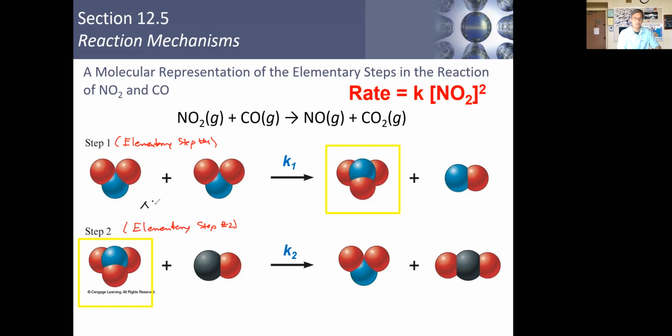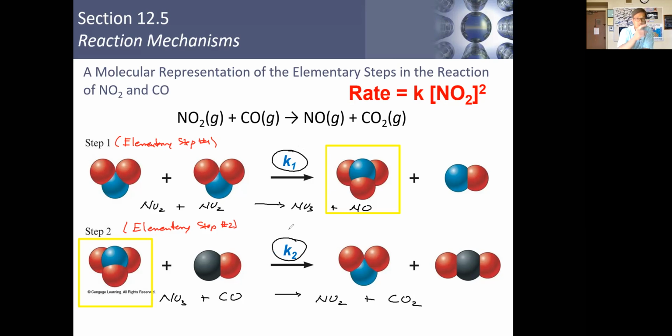It's going to be NO2 plus NO2 to produce NO3 plus NO. Down here, the second elementary step is going to be NO3 plus CO to give us NO2 plus CO2.